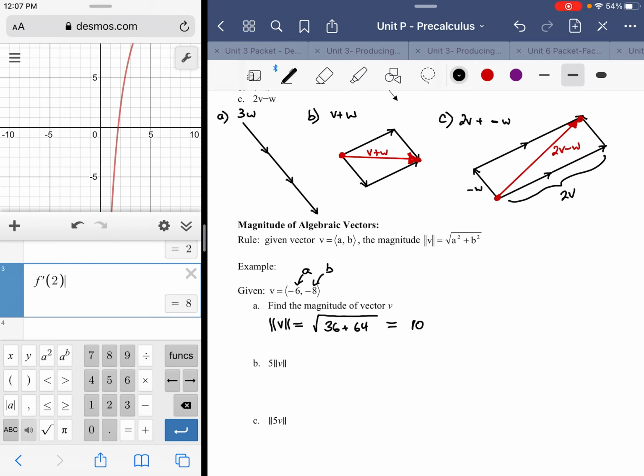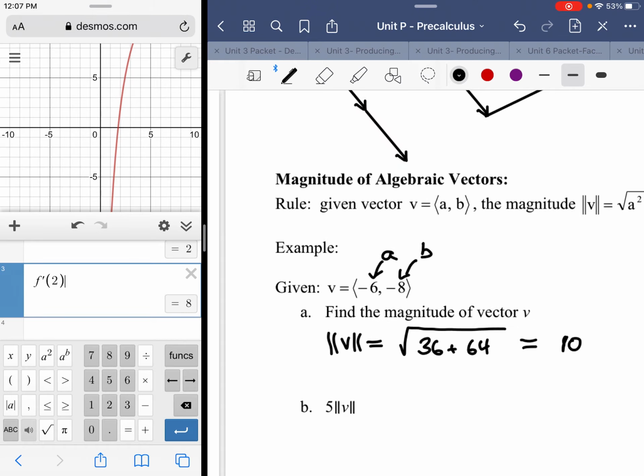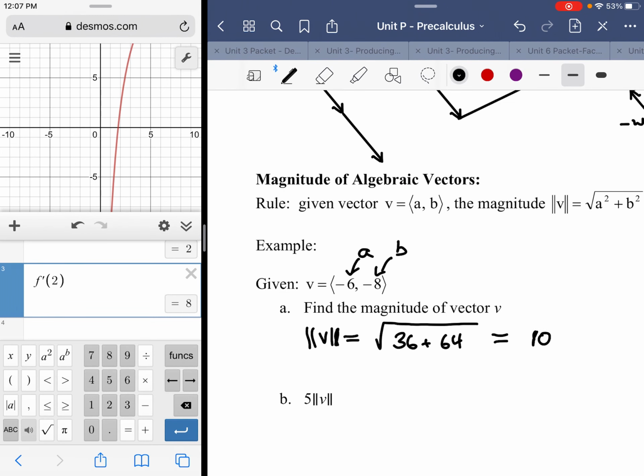So 36 plus 64, which is 100, under a radical, which is just going to be 10. Pretty simple. Now we could also think of those double bars. In essence, they're double absolute values to indicate magnitude, but at their heart, they are absolute values. When you take the square root of a number, it could be plus or minus, but we're strictly going with the positive.